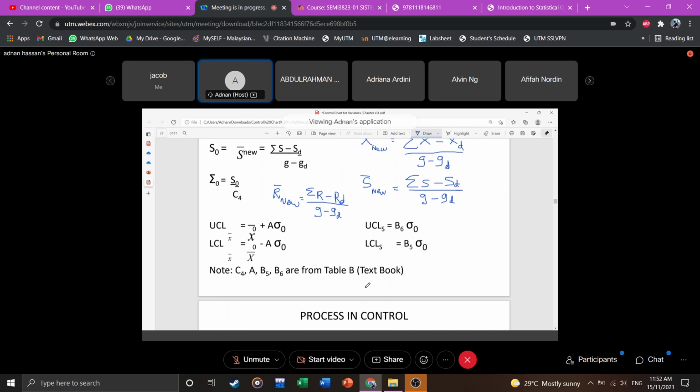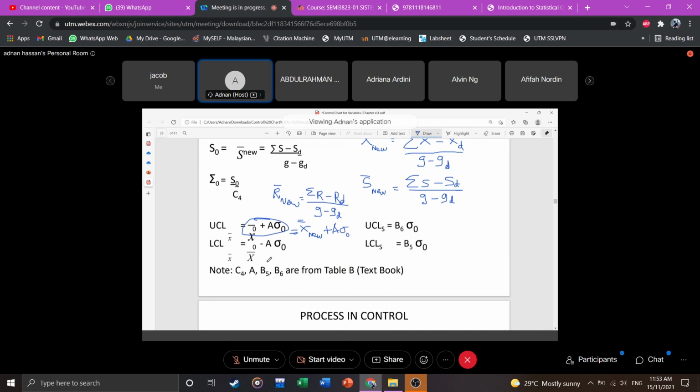So when we simplify the control limit here, I am showing X bar revise. You can have this symbol new, plus, instead of A2, now we are using A sigma note.